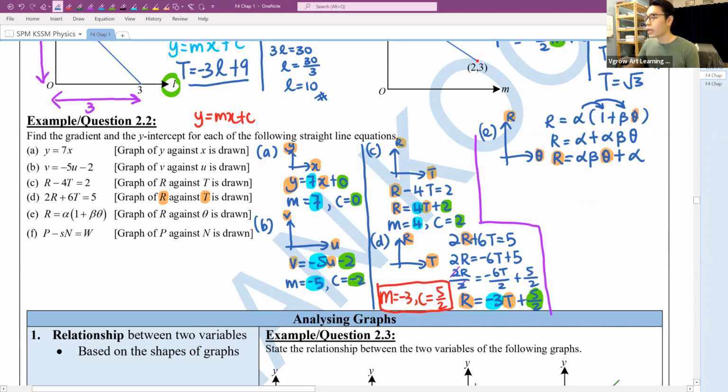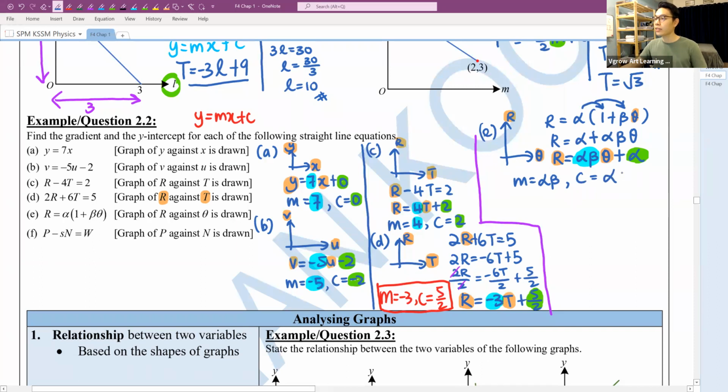Okay, so don't worry too much about that. The gradient is still going to be whatever multiplied to your theta, to your x. Your x is theta. Your y-intercept is still whatever behind that. So m is equals to alpha beta, and the c is equals to alpha.